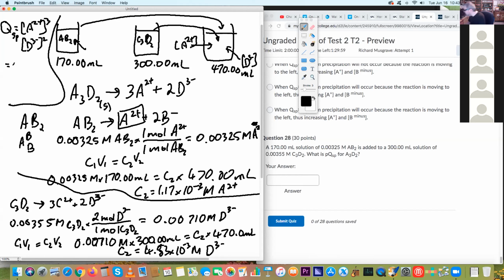And then we can plug in those values that we got here for A and D. So it would be 1.17 times 10 to the negative 3 molar cubed times 4.53 times 10 to the negative 3 molar squared.